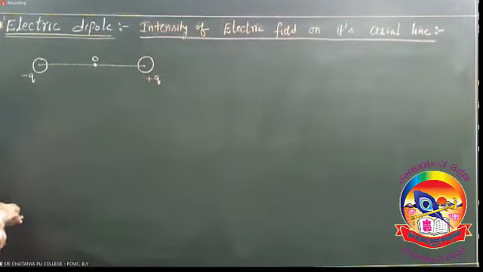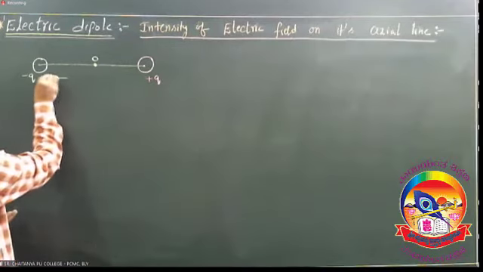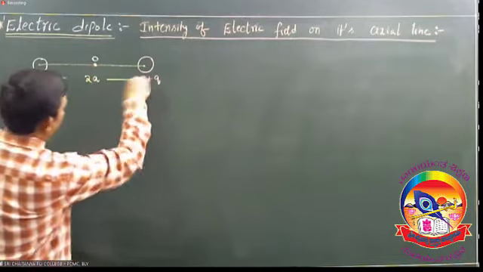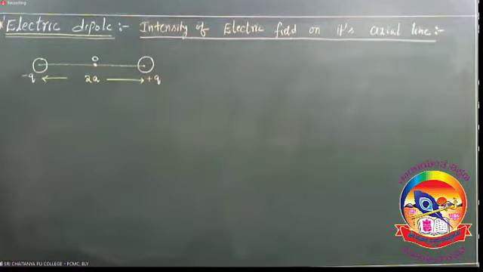And 2A is the length of the dipole. What is the axial line?